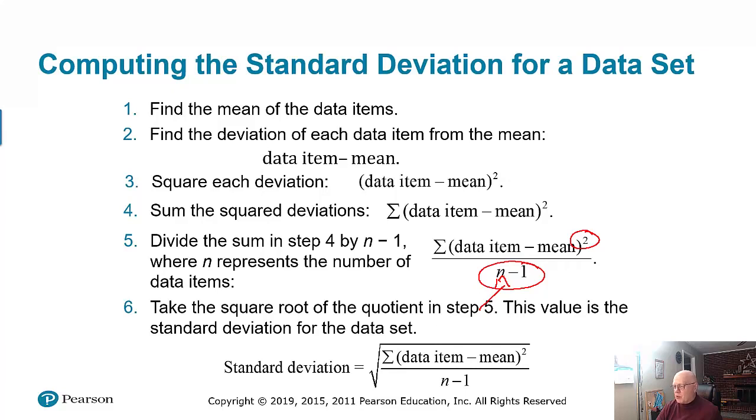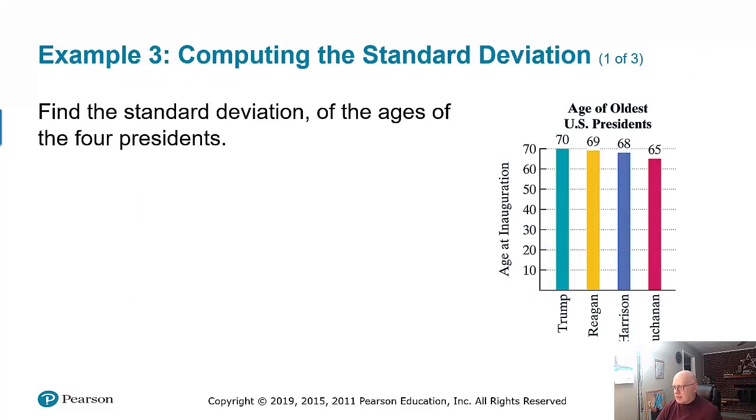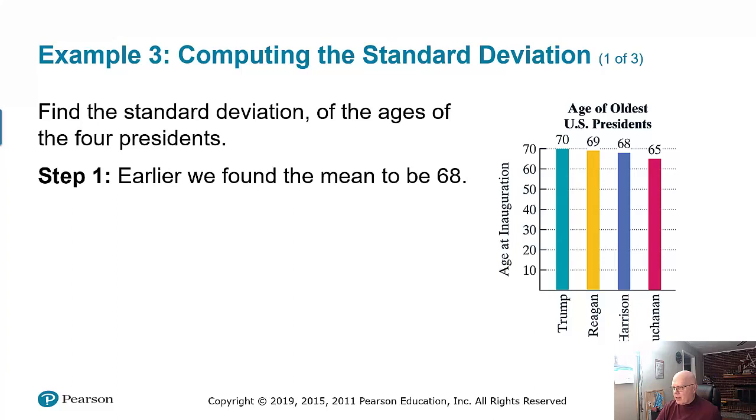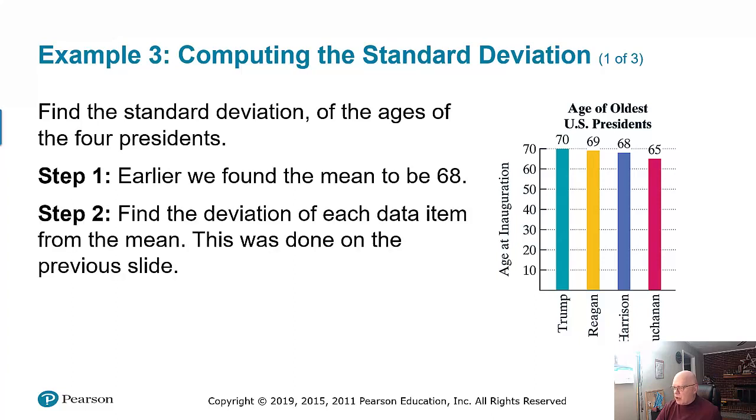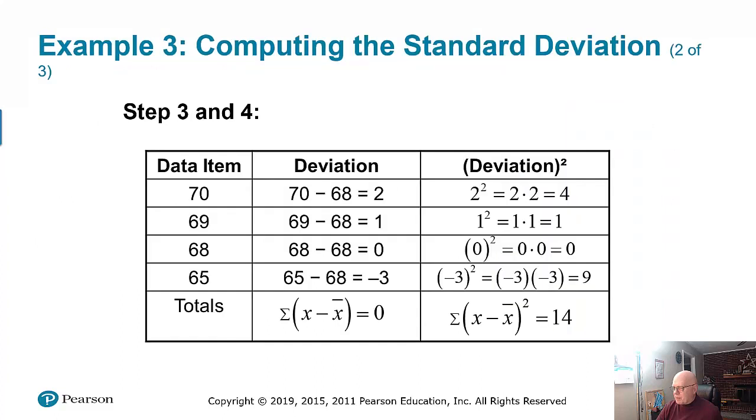Well, there's an easier way of doing that, but here we've got the standard deviation, we've got the 68 for the mean, we've got all the deviations, and there are the deviations, 2, 1, 0, -3, and we square each one of those, and then we add all those squares up.